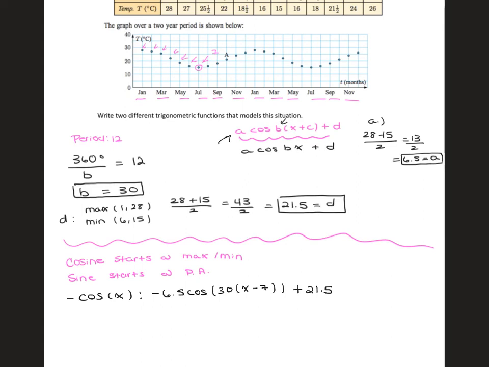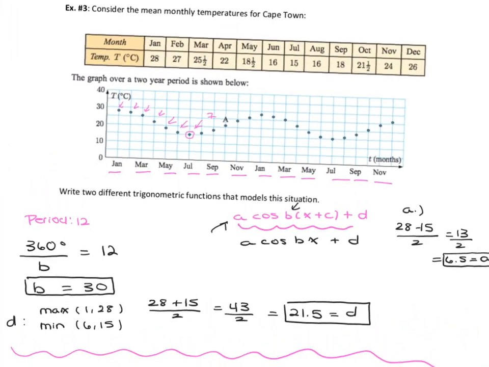So let's think about sine. Sine starts at the principal axis. So what is our principal axis? Well, our principal axis is y equals 21.5. Was 21.5 on the graph? It should be, so let's take a look. 21.5 is in month October, so right here.